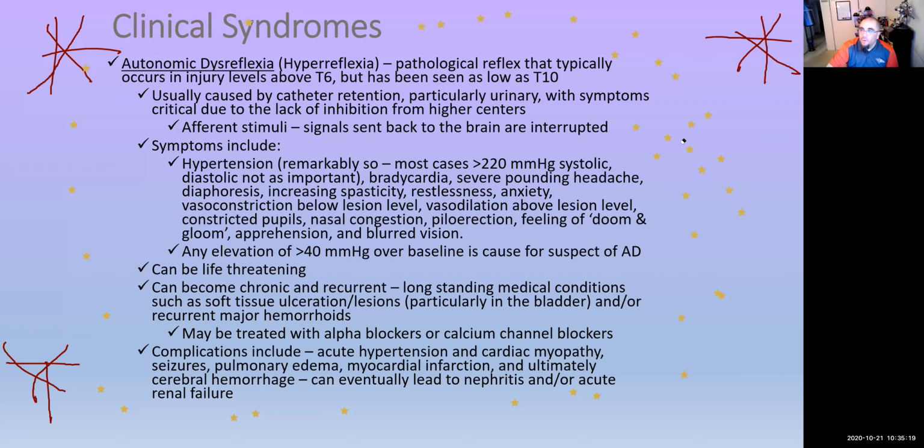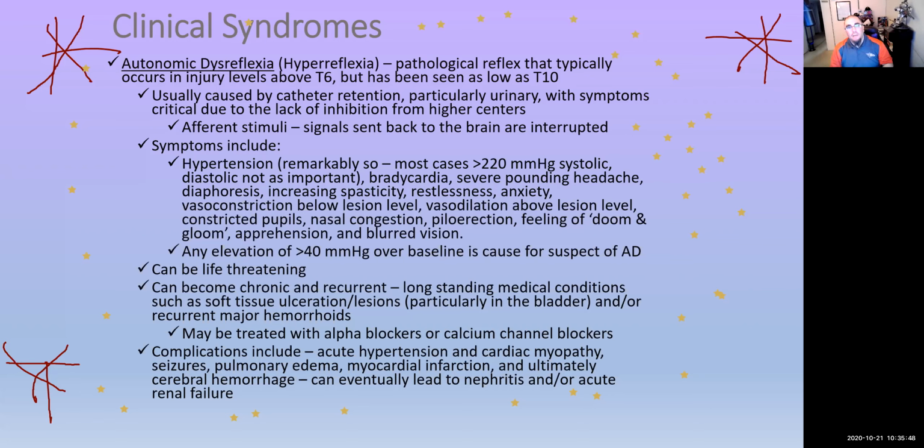Why do you think I'm saying star this page like crazy? Adrian's exactly right. This is the thing that the boards ask questions on for spinal cord injury patients, because this is a safety issue.